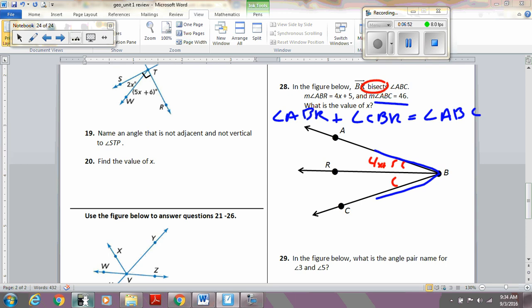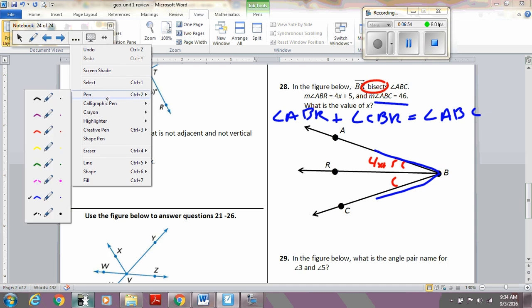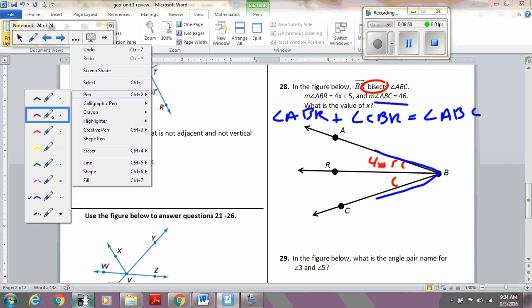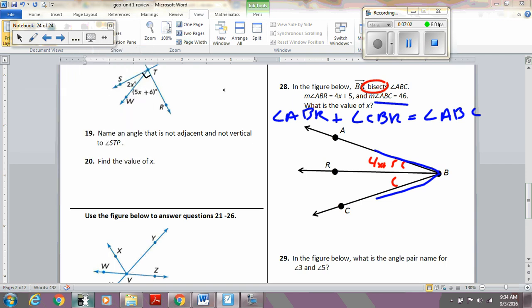And then I know that they are equivalent. So I could just say 2 times ABR is equal to angle ABC. Because I'm only given ABR, but ABR is the same as CBR. So it's okay for me to do this.